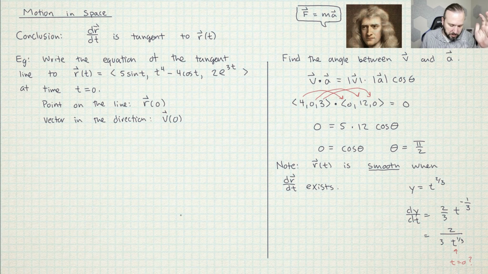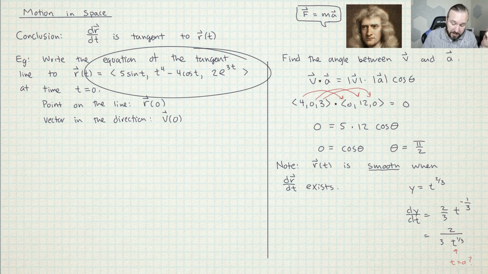I can pretty much guarantee that write the equation of a tangent line is a question that's going to appear on a Unit 1 test in almost every Calc 3 class. So what do you need in order to write the equation of a line? You need a point on the line, and you need a vector that points in the direction of the line. So r of t is all of the points on the path.